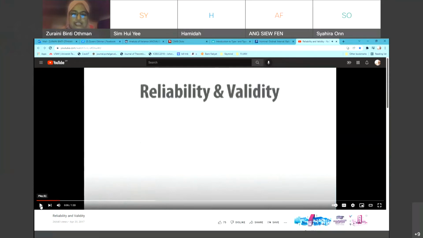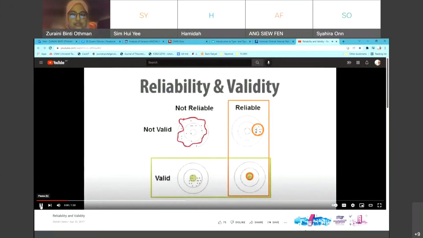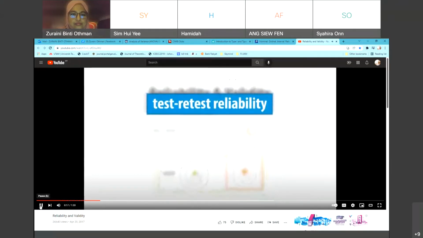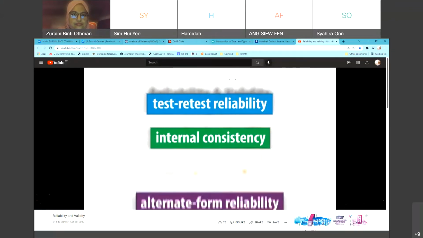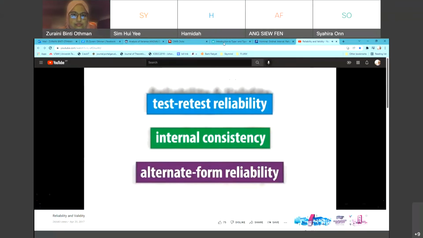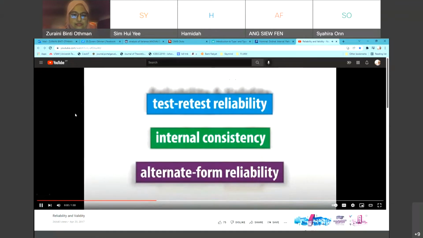Reliability refers to replicability. A test is reliable if it measures student achievement consistently, whether the student takes the test in the morning or afternoon of the same day or a day or two later. Another measure of reliability is internal consistency, whereas students' performance on comparable items on a test should be similar. Finally, alternate form reliability ensures that two forms of the same test are very highly correlated.